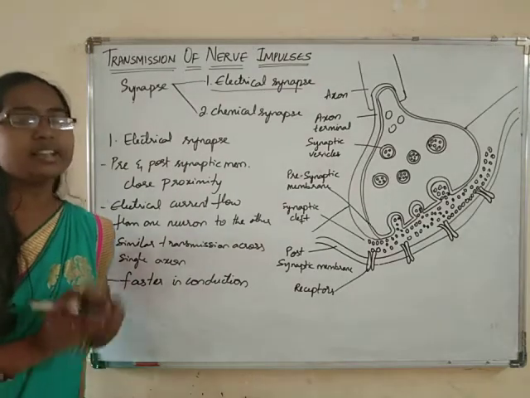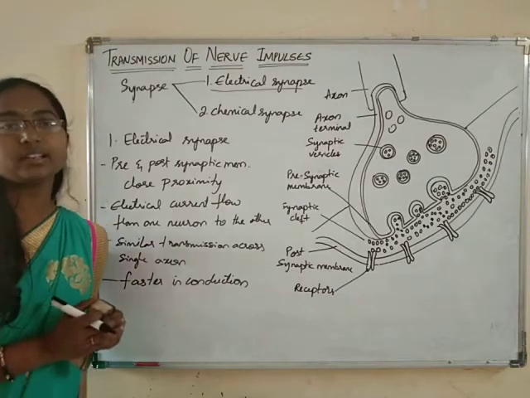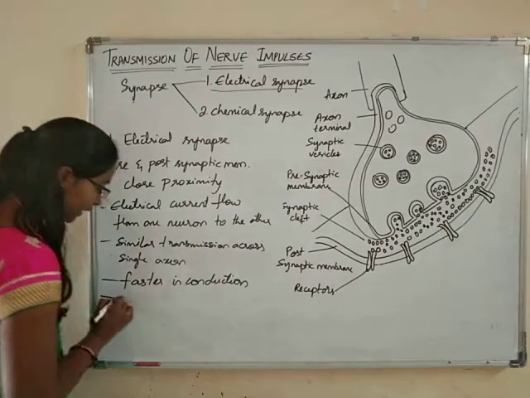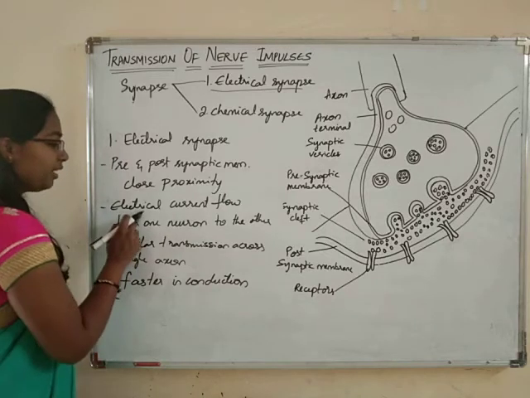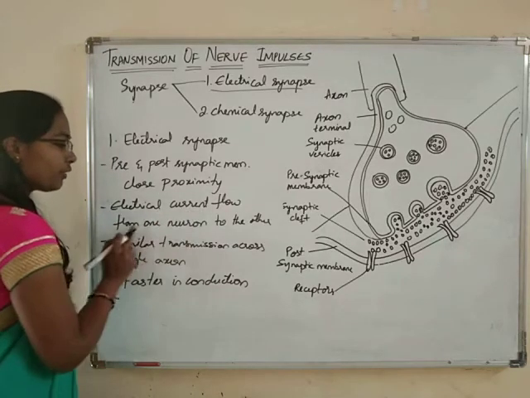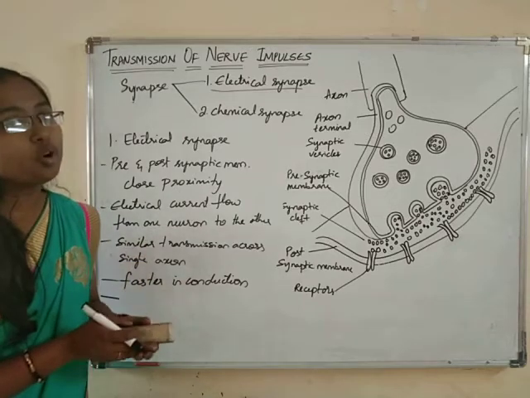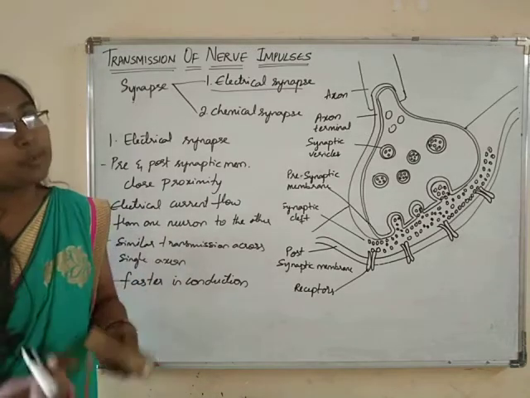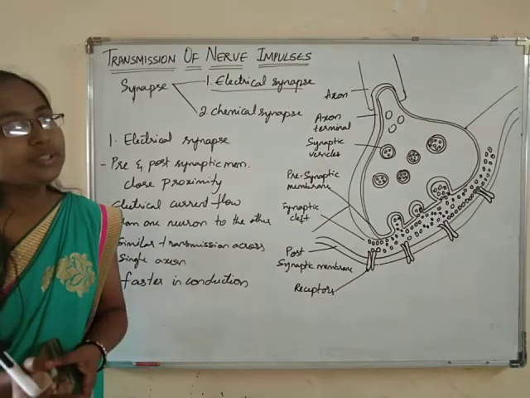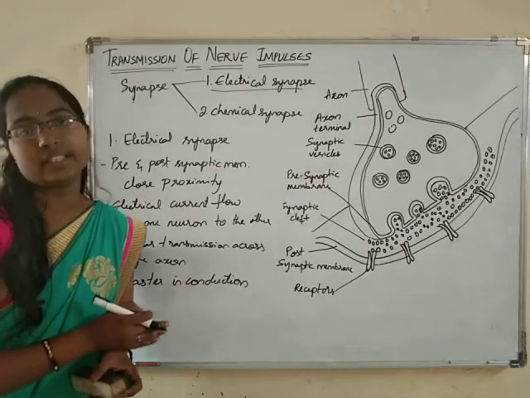Okay, and finally the last point regarding the electrical synapses. I told you the electrical current is flowing from one neuron to the other neuron. That means the electrical current may flow from a presynaptic neuron into a postsynaptic neuron, or from a postsynaptic neuron into a presynaptic neuron.